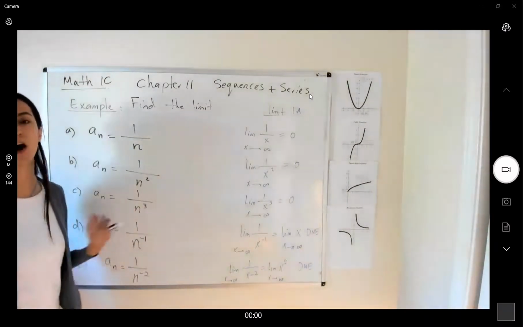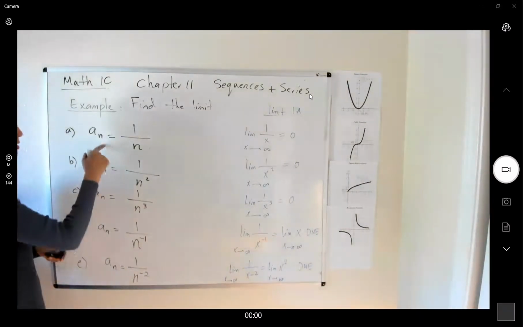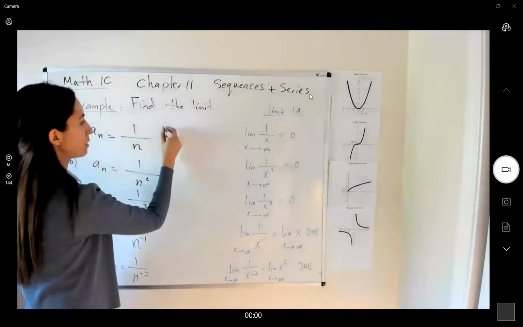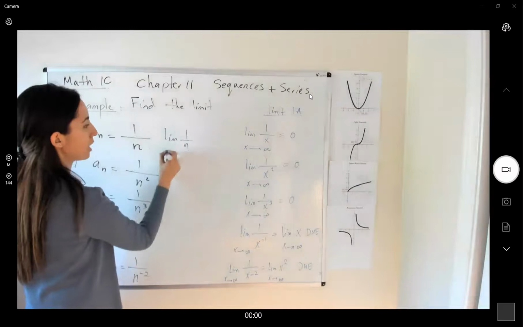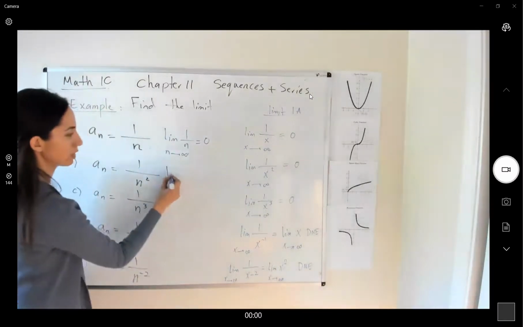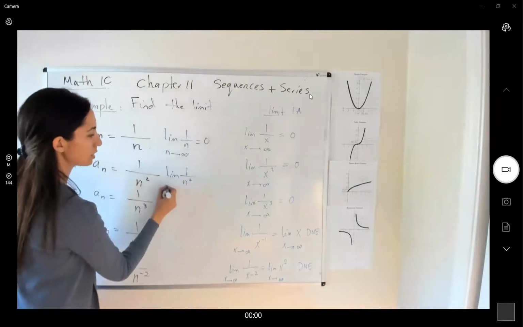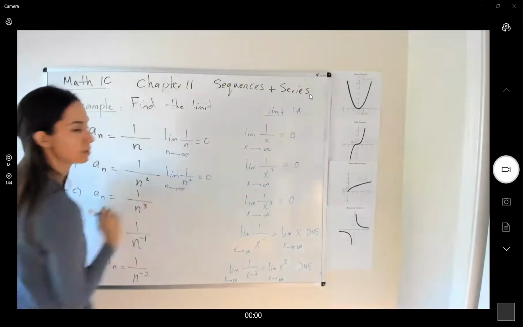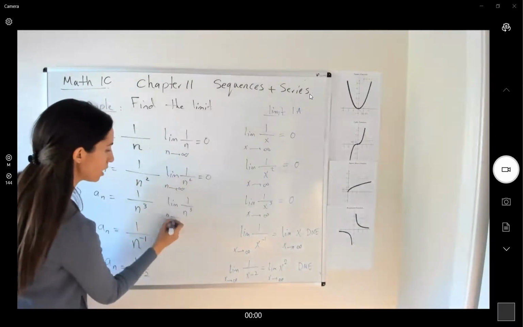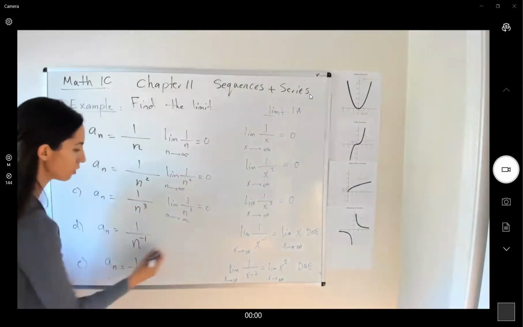Exact same concept here. The limit of a_n equals 1 over n, while n goes to infinity, 1 over infinity, 0. Limit of 1 over n squared, n goes to infinity, 0. Limit of 1 over n cubed, n goes to infinity, 0.